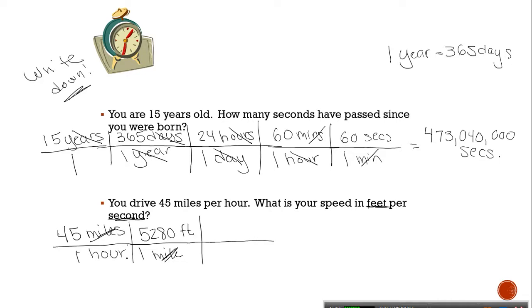Since hours is in the denominator here, I need it to become a numerator so I can cancel out my hours. So I know 1 hour is 60 minutes. So my hours cancel out. I'm still not at seconds like they wanted, so I need to convert again. So 60 minutes, I know that 1 minute, notice how my minutes are across from my minutes, is 60 seconds.